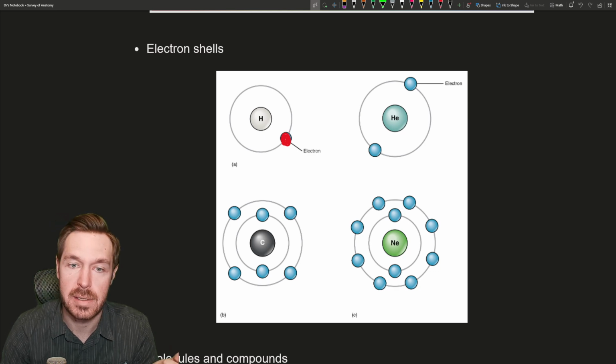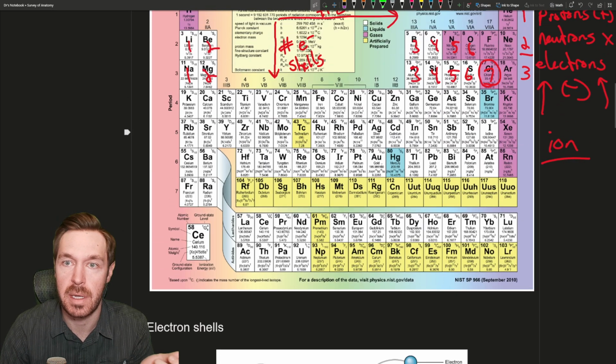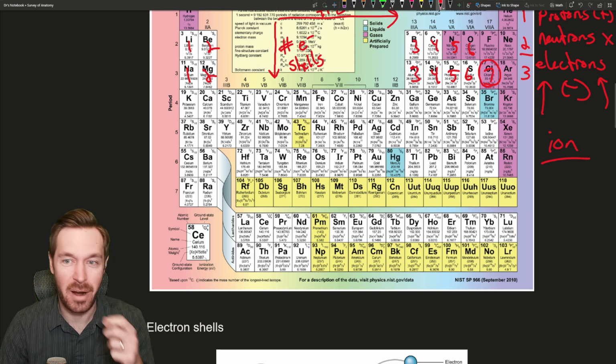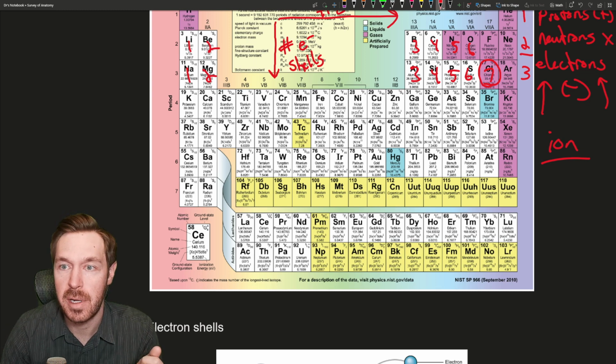The inside has 1 proton, and the number of neutrons can vary, so it can be like 1 or 2. Now, if the number of protons change, the atom changes. So if we look at the periodic table here, we have the atomic number right here.